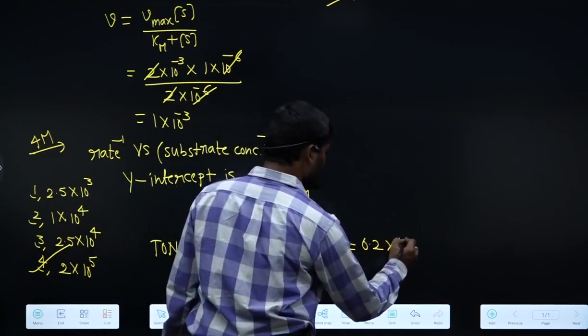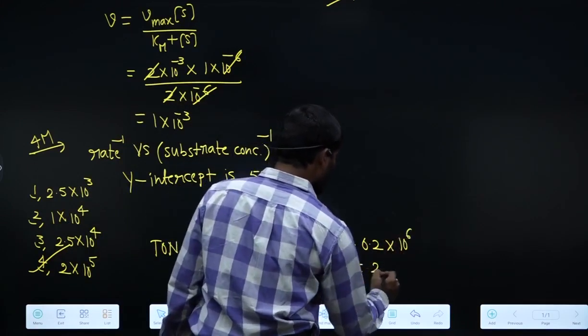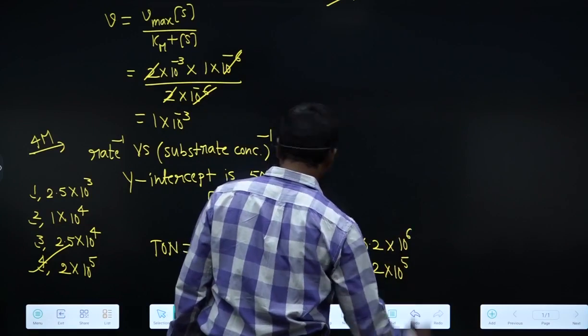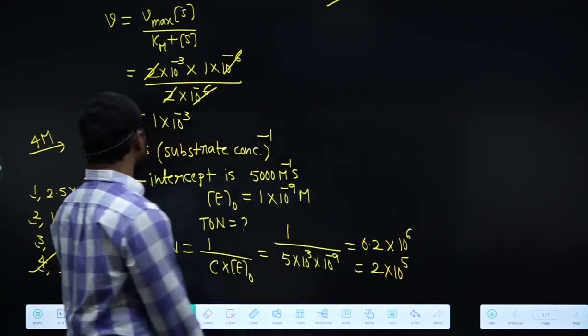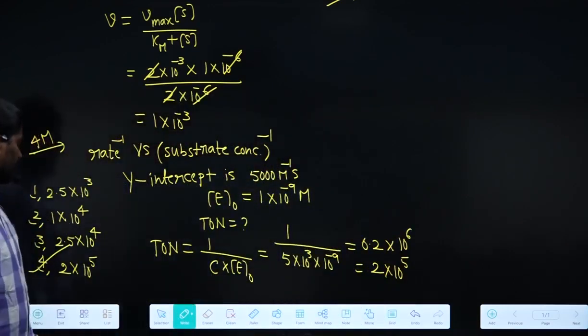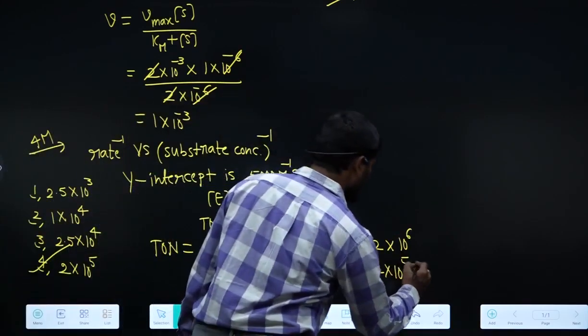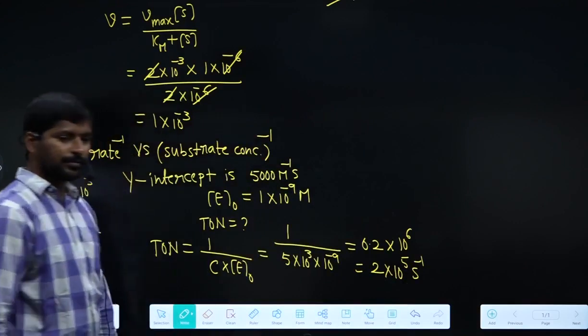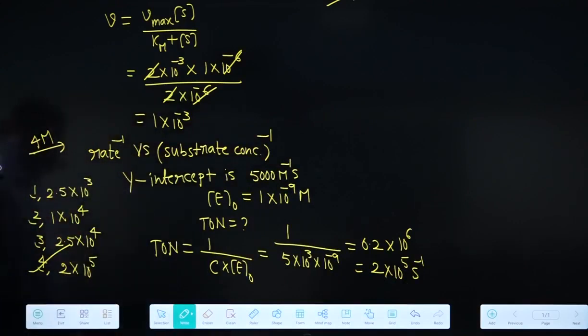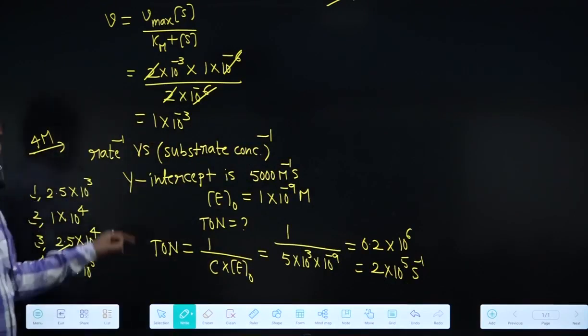If you bring to numerator, 10 power 6. 0.2 into 10 power 6, that we can write as 2 into 10 power 5. Unit is time inverse, here time is given in seconds, so second inverse. So in 1 second, 2 into 10 power 5 substrate molecules are converted to product.